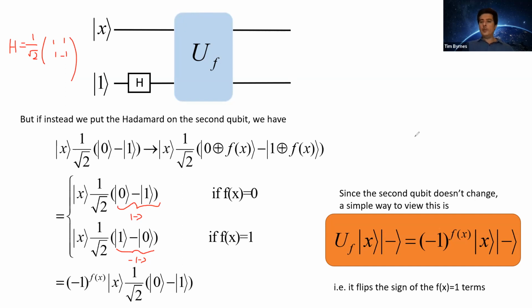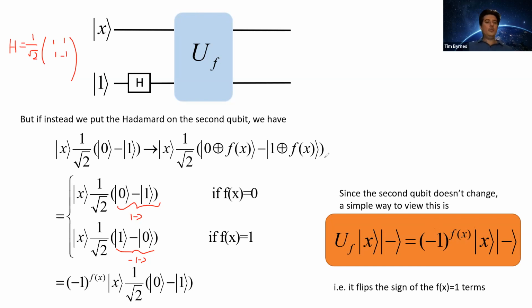And so we can summarize all that by saying that the action of this oracle, if the second qubit is minus, is like this. Uf of x gives an extra minus sign if f of x is equal to 1.